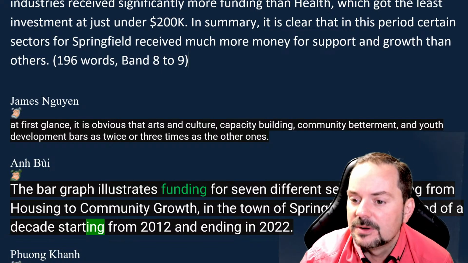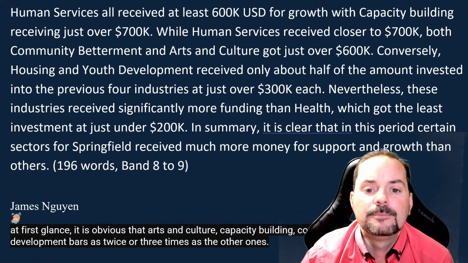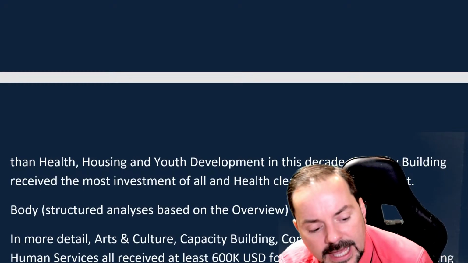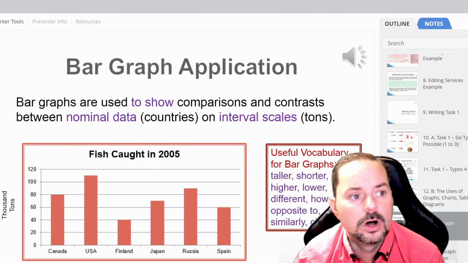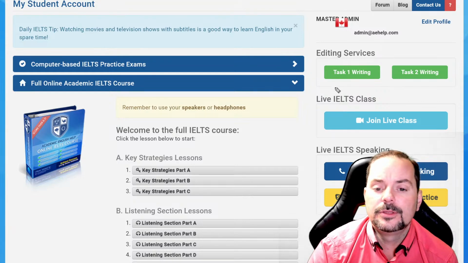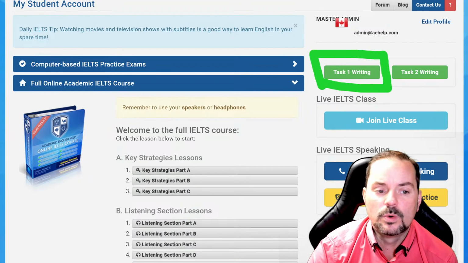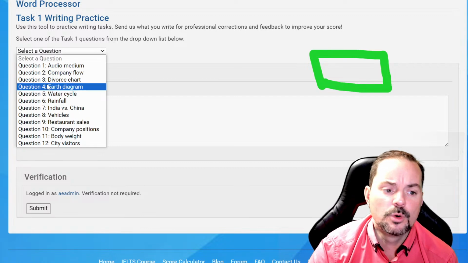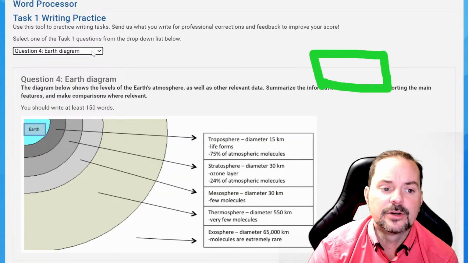Nice writing, everybody. Students, don't forget that you can practice your task 1 on the websites as well. When you click the green task 1 writing services, you've got some questions there, like the Earth diagram.